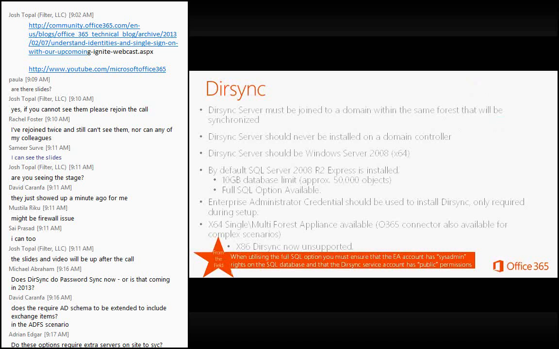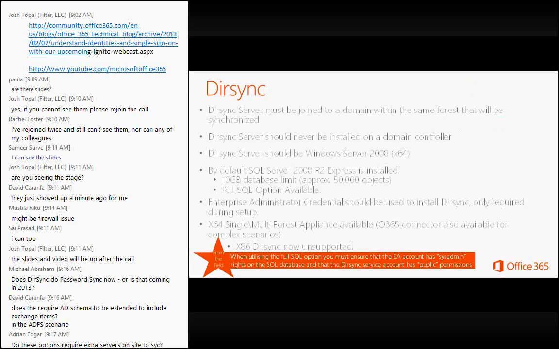And one other thing to note is the size of the SQL database. When you install directory sync by default and essentially just click next, it will install SQL Express. SQL Express has a limit of 10 gig inside that database.